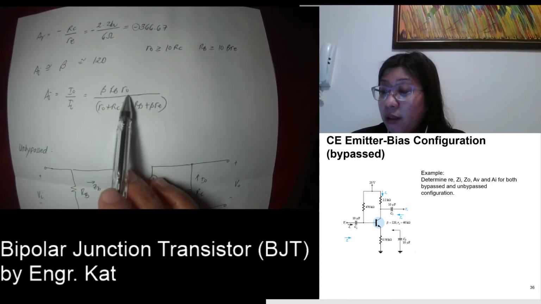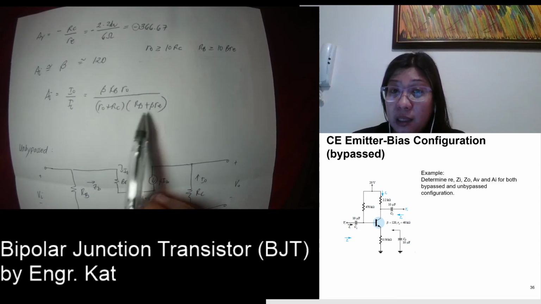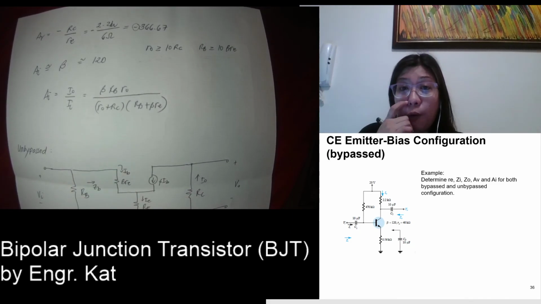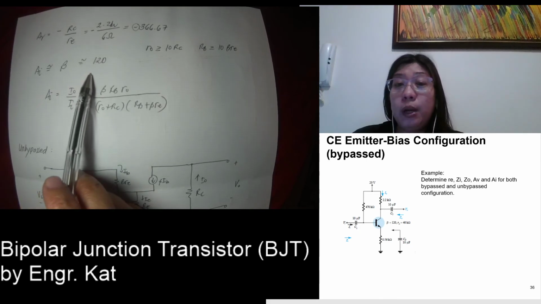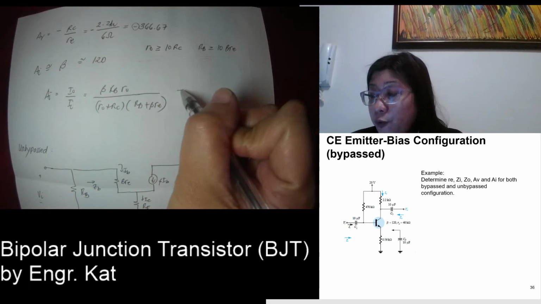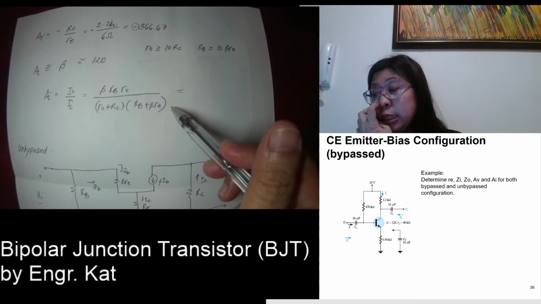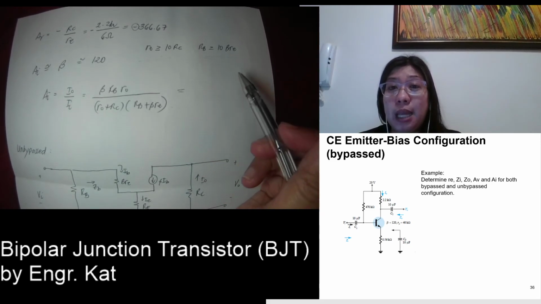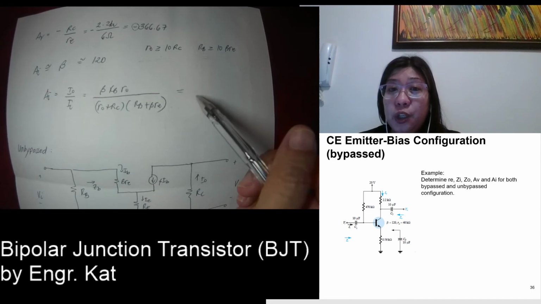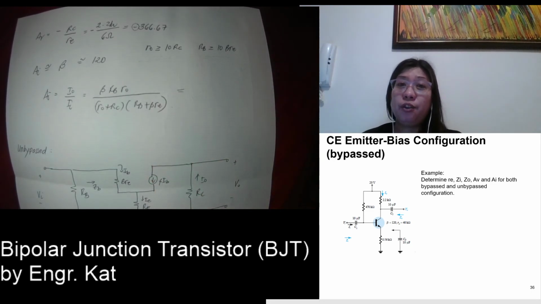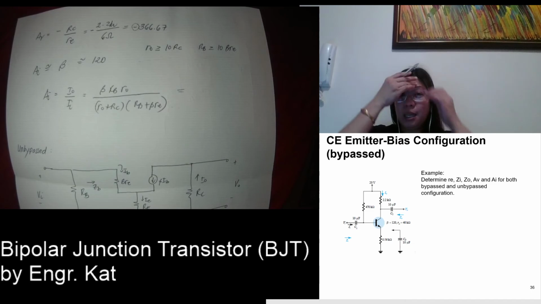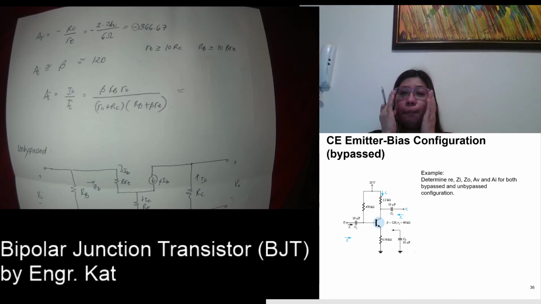So RB and RO here will just be cancelled out, giving us a current gain equal to 120. If you still want to try substituting the values, when you compute this, your answer is just near 120. Okay, so that is the effect if we bypass your capacitor.